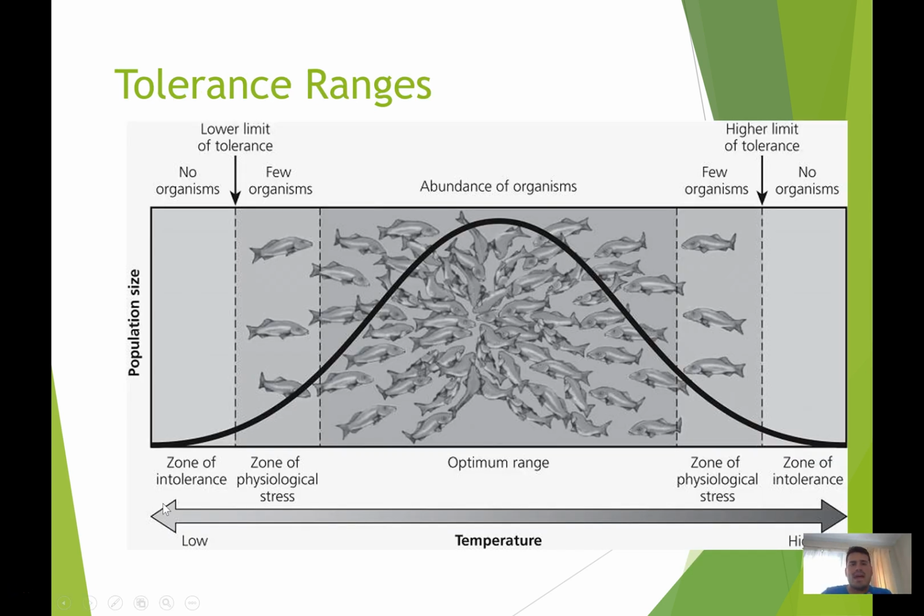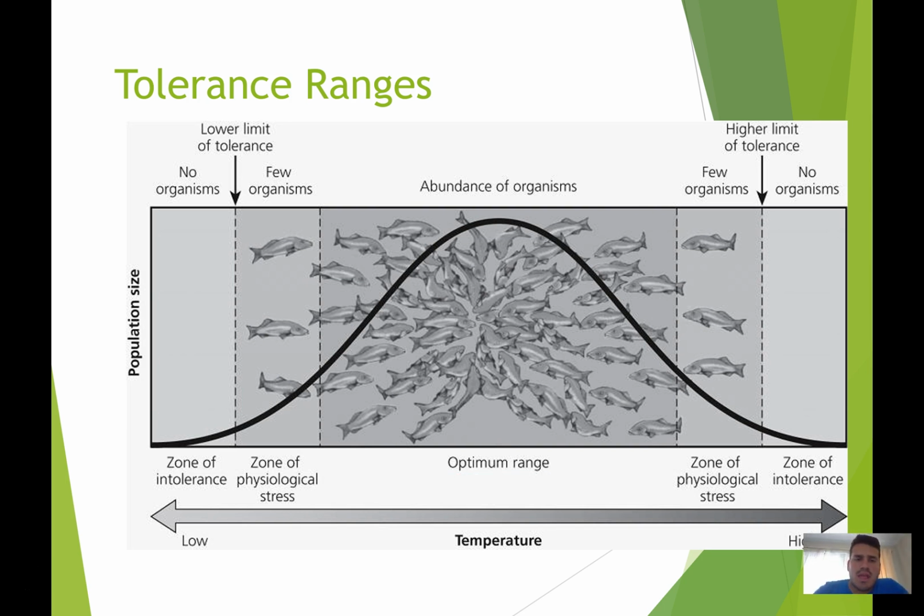Before we talk about specific types of adaptations, let's talk about tolerance, especially as it can be measured through what we call tolerance ranges. Every single organism has an optimum set of environmental conditions in which it survives the most, and we call this the optimum range.